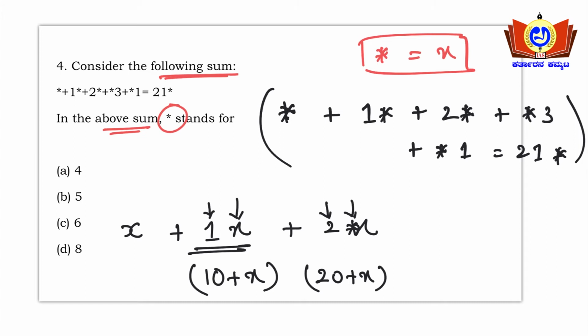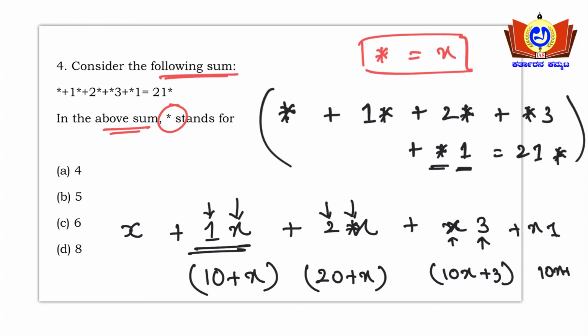Okay, because 2 is in the tens place here, then star means x here and 3 is there. Okay, so 3 is in the units place and x is in the tens place. This can be written as 10x plus 3 here. Okay, then again star, again x and 1 here. Okay, so x and 1 can be written as 10x plus 1 here. Yes or no? That shall be equal to 21 and x here.